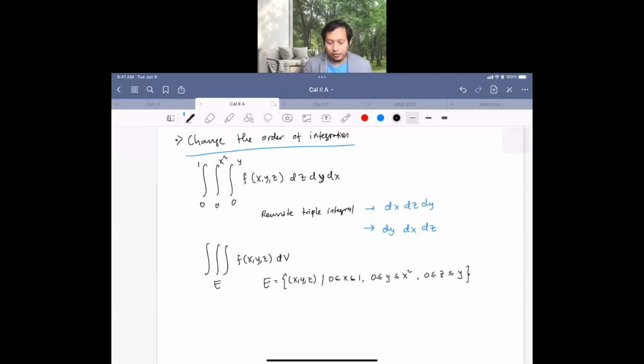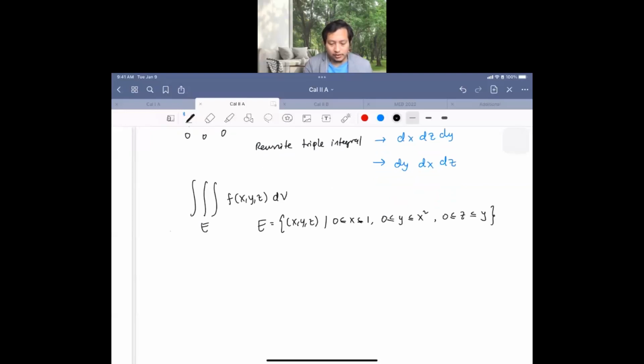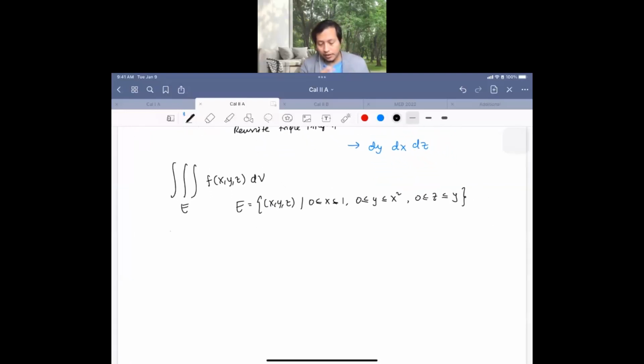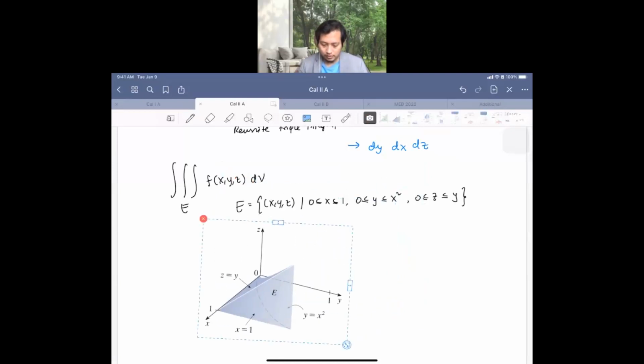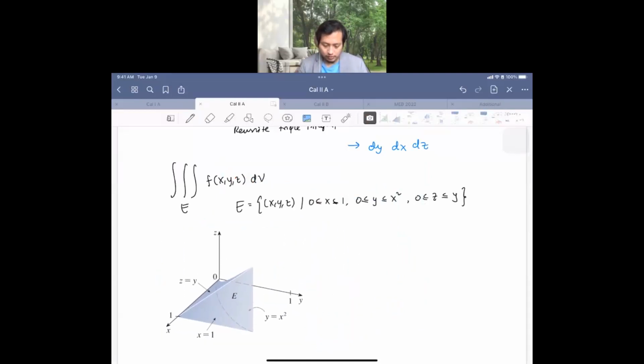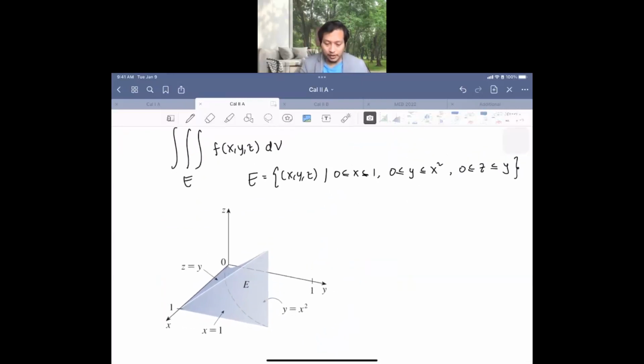Okay, if you want to look at what E is and how we can draw it, we could look at this graph here. It's a little bit complex, but if you focus on x, then y, and then z, we see that x goes from 0 to 1.